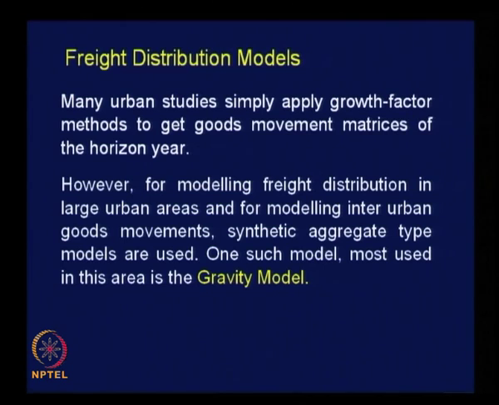For modeling freight distribution in large urban areas and for modeling interurban goods movements, synthetic aggregate type models are used. One such model most used in this area is the gravity model, right?